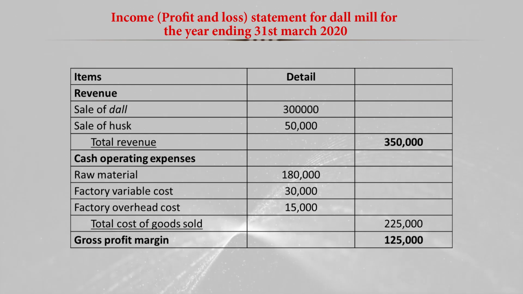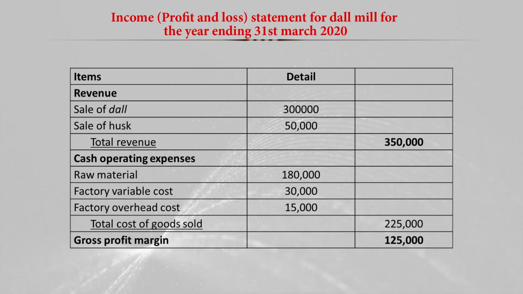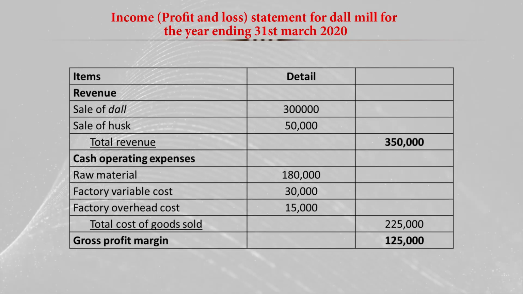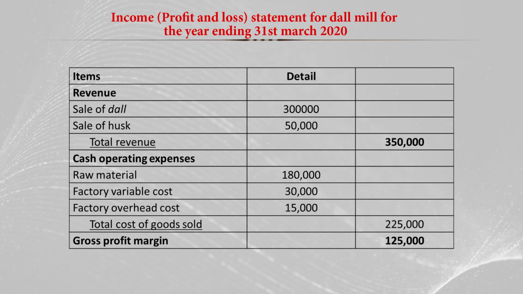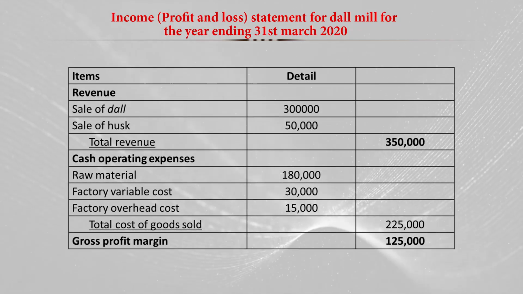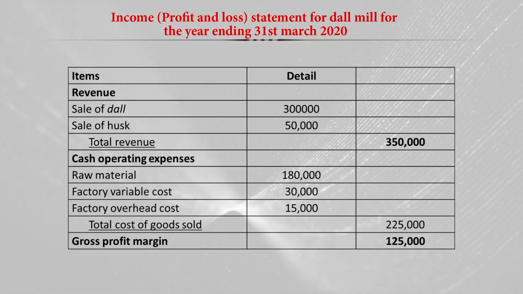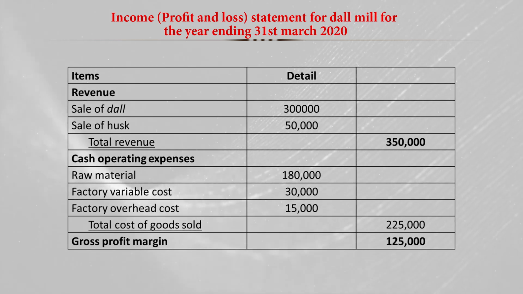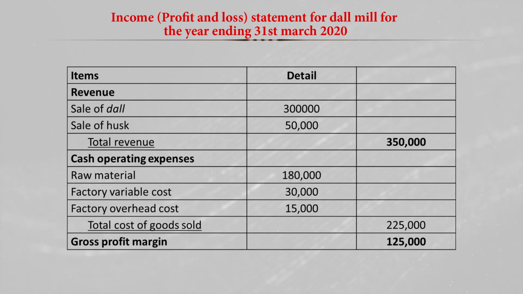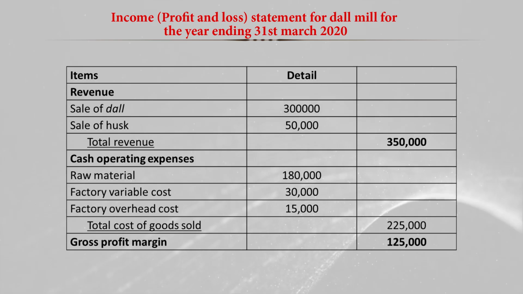And then we calculate the operating expenses, like the raw material. So here raw material is 1,80,000. Factory variable cost, like electricity cost, then wages, labor cost. So the variable cost is around 30,000, and factory overhead cost, like depreciation, is around 15,000.